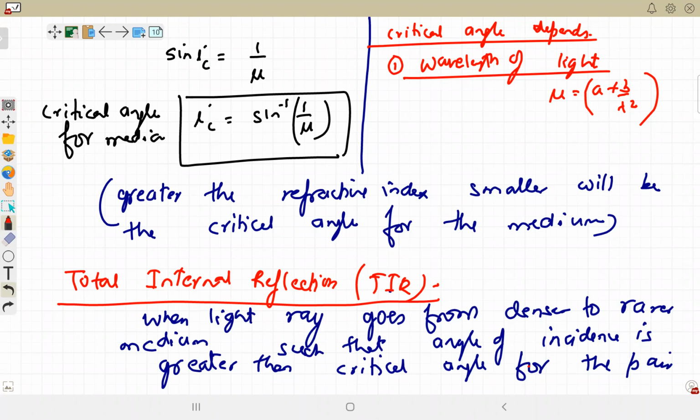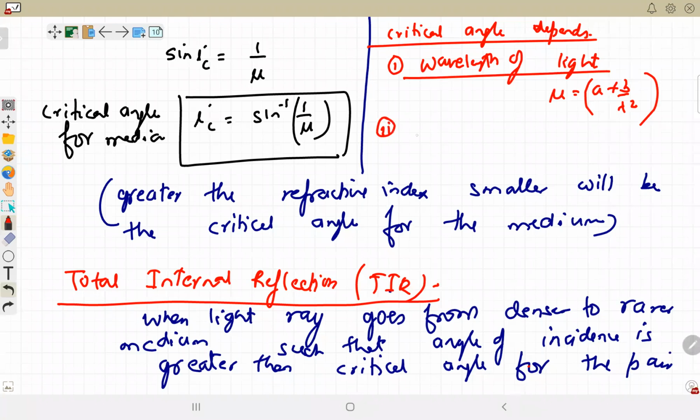Greater mu means less critical angle. So least wavelength के लिए least critical angle होगा. Like for the violet color, it will be least. Violet color के लिए refractive index सबसे ज़्यादा, तो critical angle सबसे कम. So it will be least for violet color. Right? Critical angle will be least for violet color.